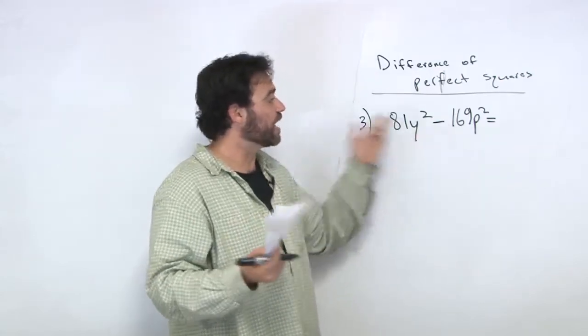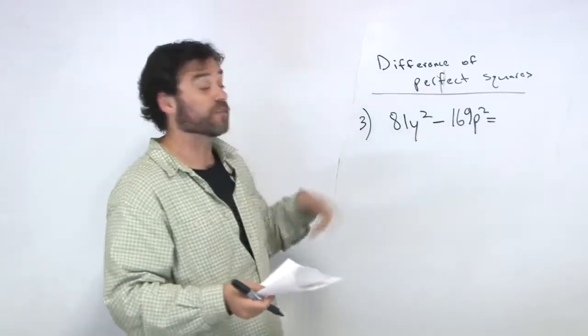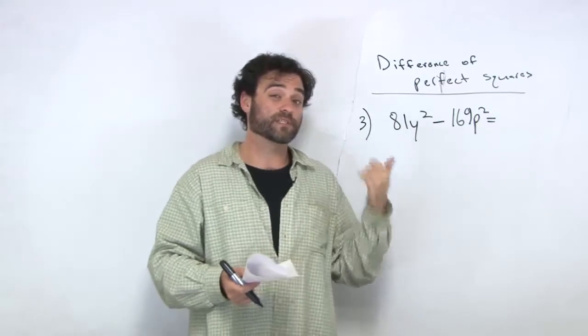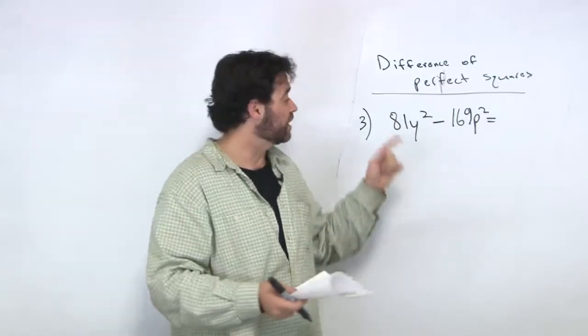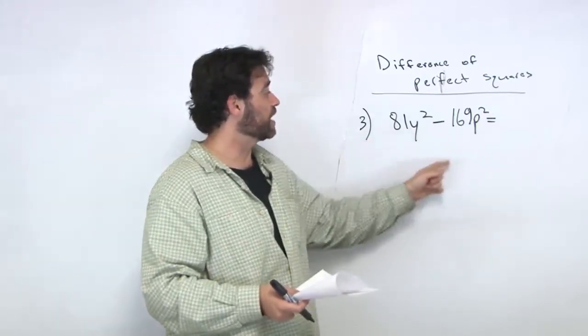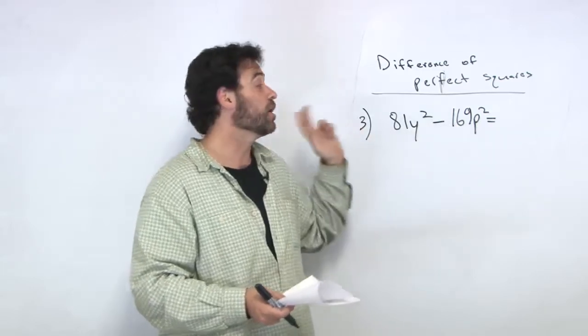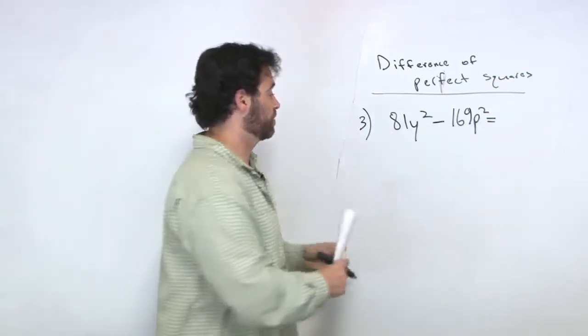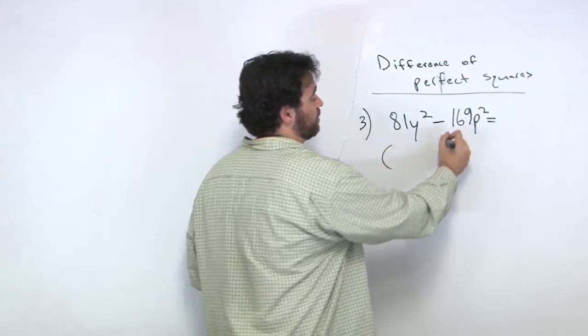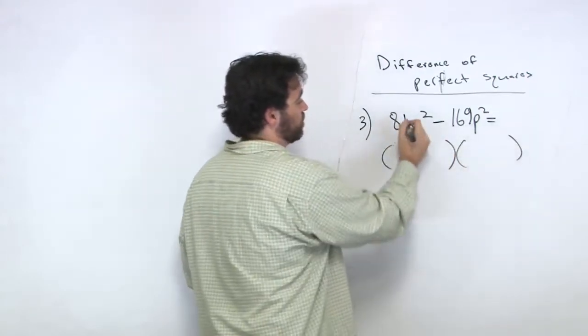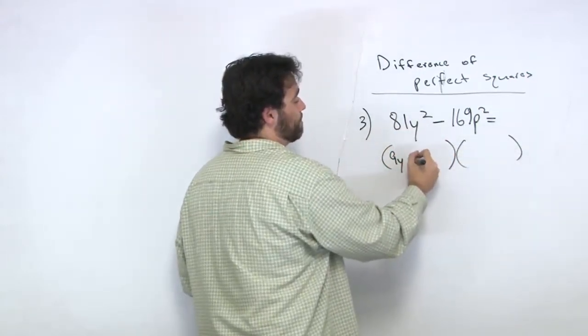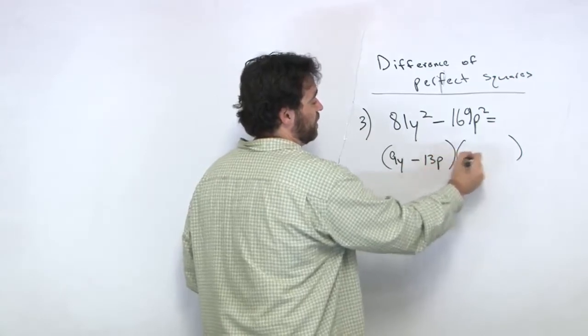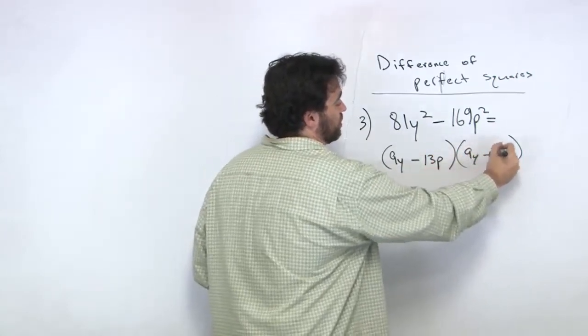The p and the y have nothing in common either. Then you go down the list. If there's no GCF, are they perfect? 81 is perfect, that's 9 and 9. 169 is 13 and 13. Those are perfect. y squared, perfect, p squared, perfect. So this is going to be the difference of perfect squares. So we break that down. That's 9y minus 13p and 9y plus 13p.